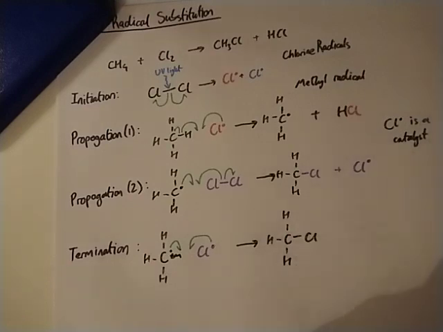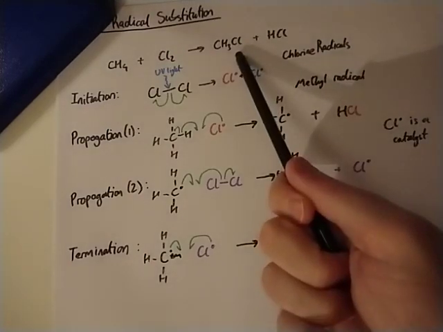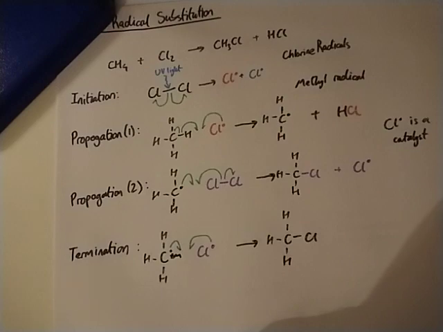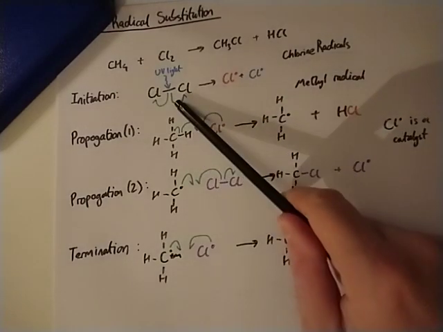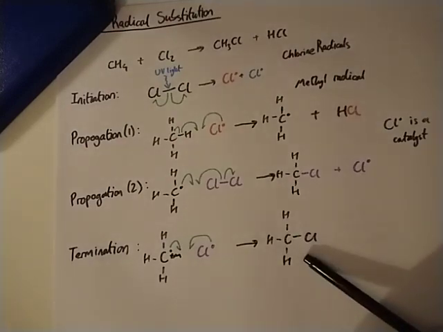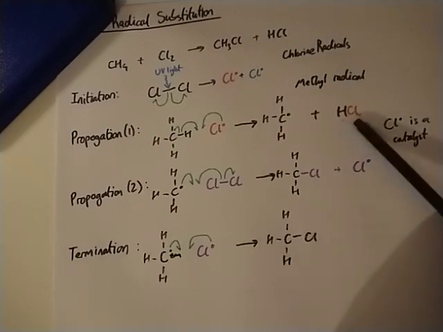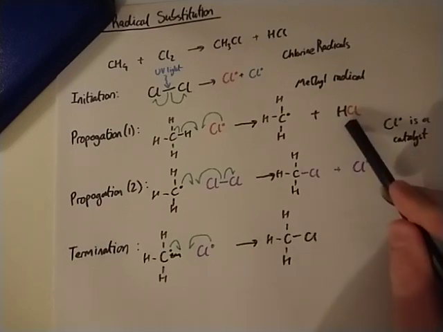And you're going to make chloromethane. Look at that. That's what we wanted in this initial reaction. So we started off with a methane and a chlorine. We produced chloromethane and HCl. Don't forget that we made HCl in this step as well.